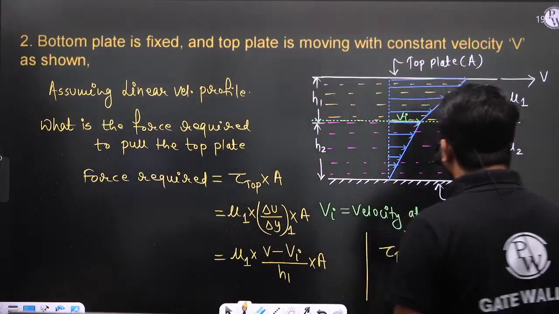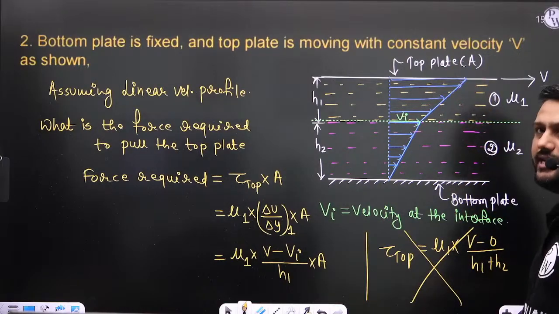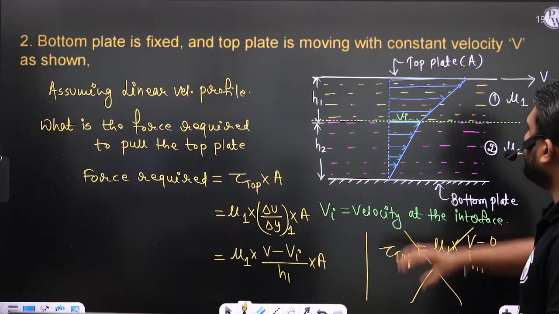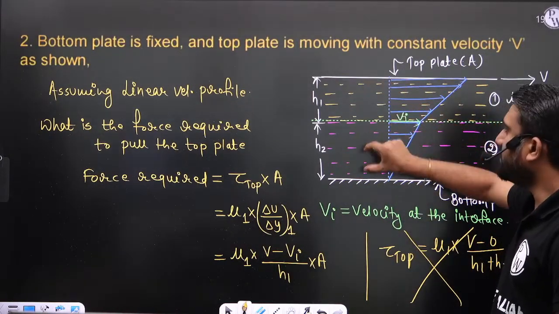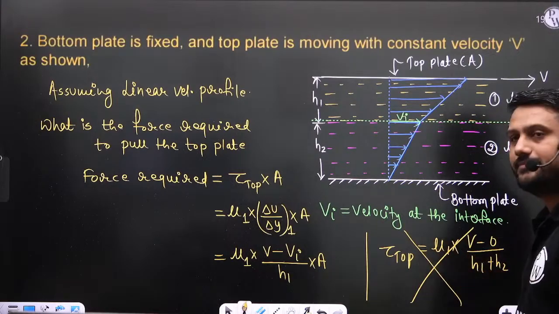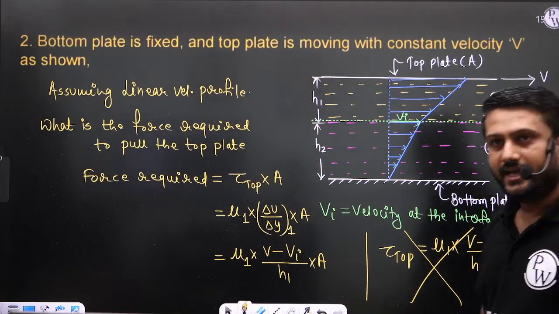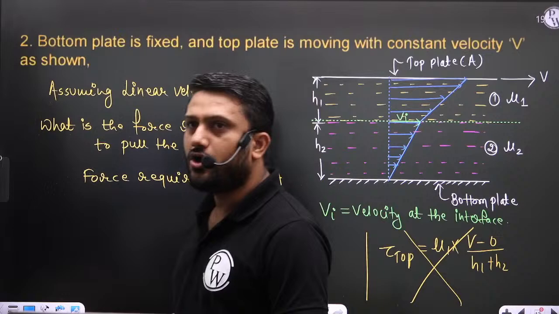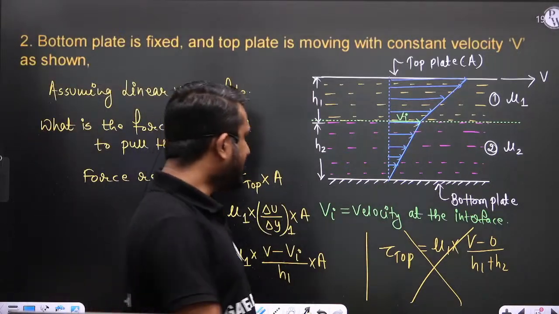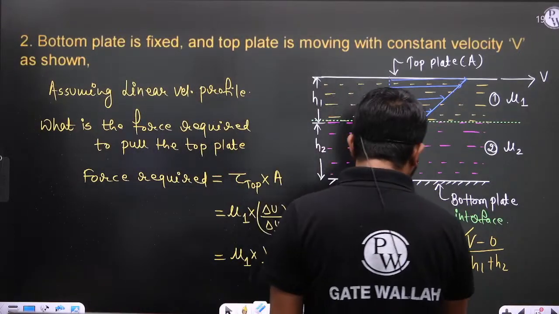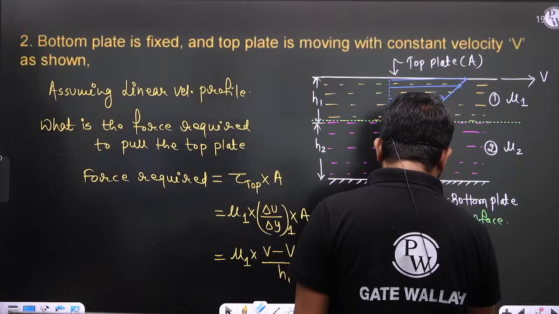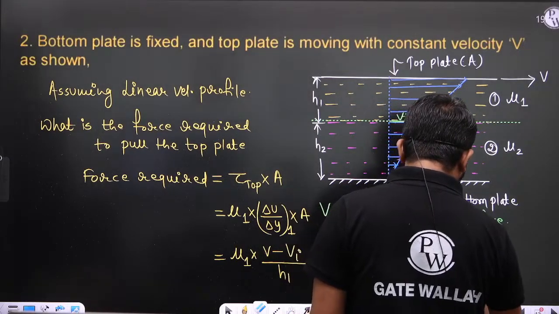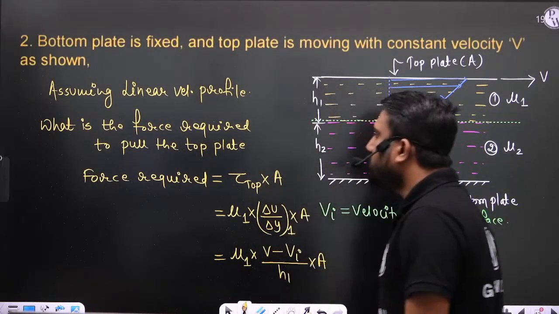Why is it wrong? Because fluid is not continuous, right? This fluid is a different fluid, and this fluid is a different fluid. So we can't write like this. Is this expression clear or not? Tell me. So what is the force required?